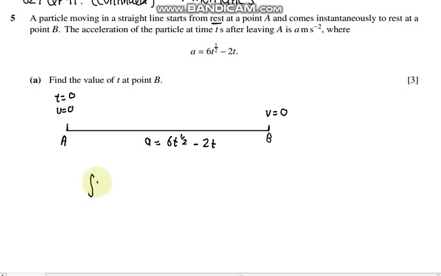Integrating acceleration would give me the velocity, which equals 6t^(1/2+1)/(3/2) minus 2t^2/2 plus c.